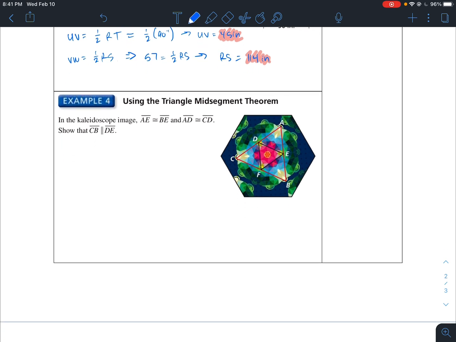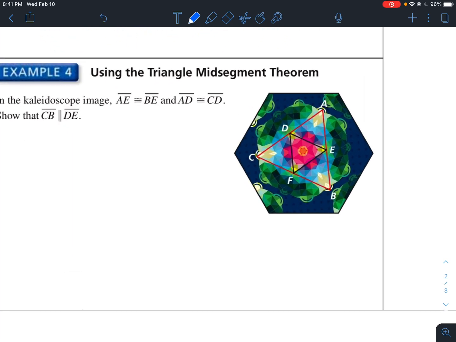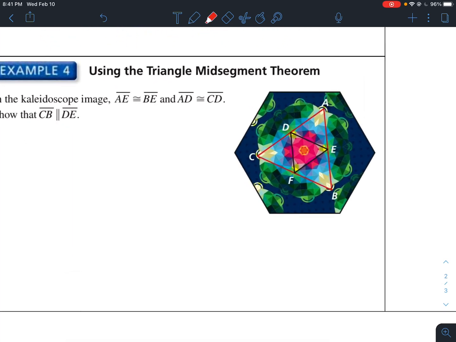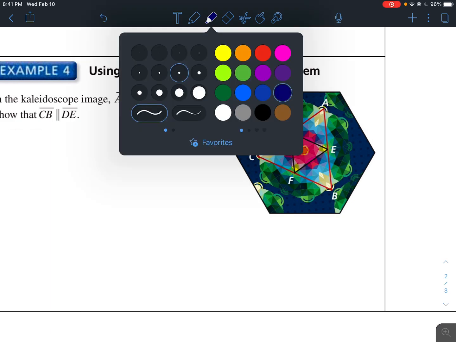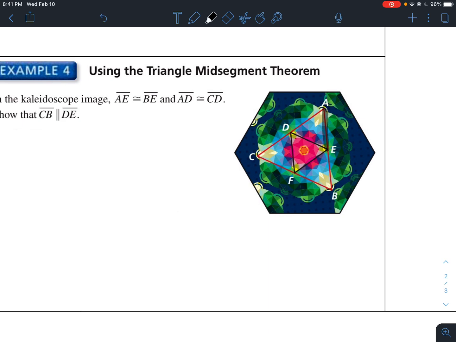So in the kaleidoscope image, AE and BE, so these lines right here are congruent, okay?